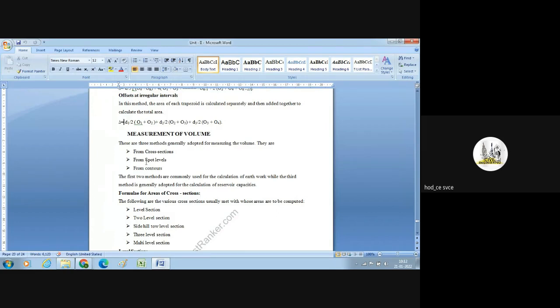The meridian distance of any line is equal to the meridian distance of the preceding line plus half of the departure of the preceding line plus half of the departure of the line itself. So M1 is half of D1, since there is no preceding line, 0 plus half of D1. M2 equals D1 plus half of D2. So based on the values of meridian distance, we have given you one equation.